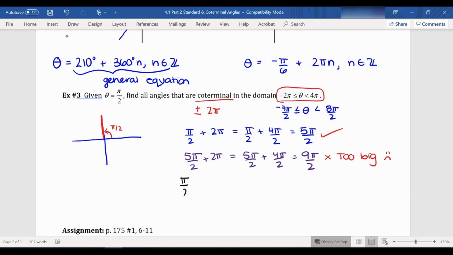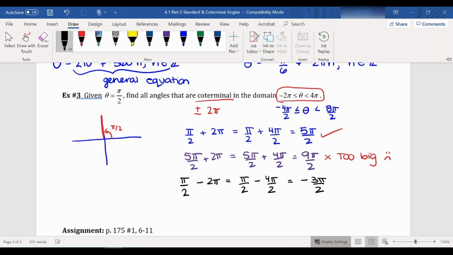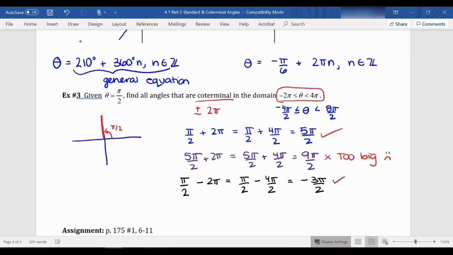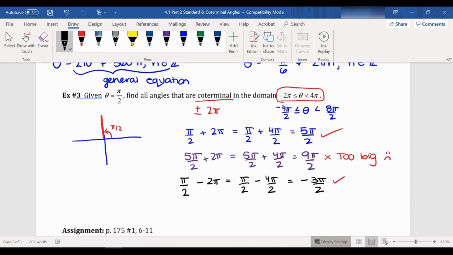So if I take my original angle and I start subtracting circles, so if I subtract 2 pi, that would be like subtracting 4 pi over 2, which would give me negative 3 pi over 2. This works because I'm allowed to go all the way down to negative 4 pi over 2. So this one's okay. Now, you can probably tell already that if I try and subtract another circle, it's not going to work. But if you can't tell that and you're like, well, I guess I got to keep going.